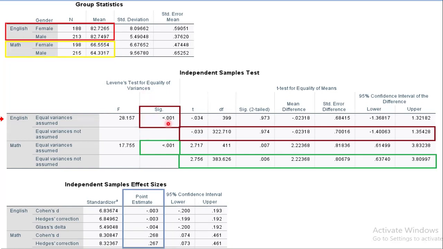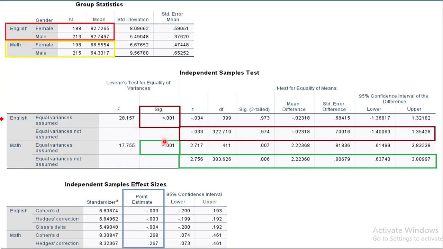If you remember, I have told you that the Levene's test value should be greater than 0.05 in order to fulfill the assumption of equality of variance. But if the sig value under Levene's test for equality of variance is less than 0.05, it means your assumption for equality of variance is violated.